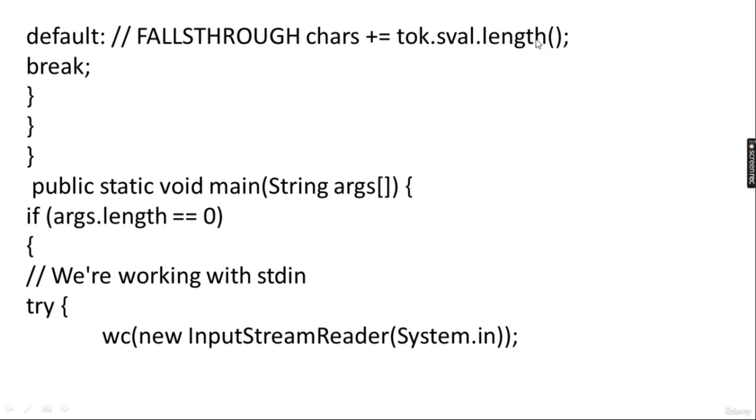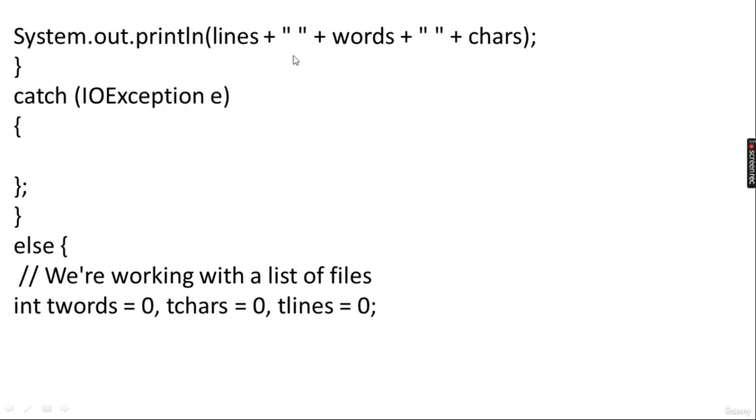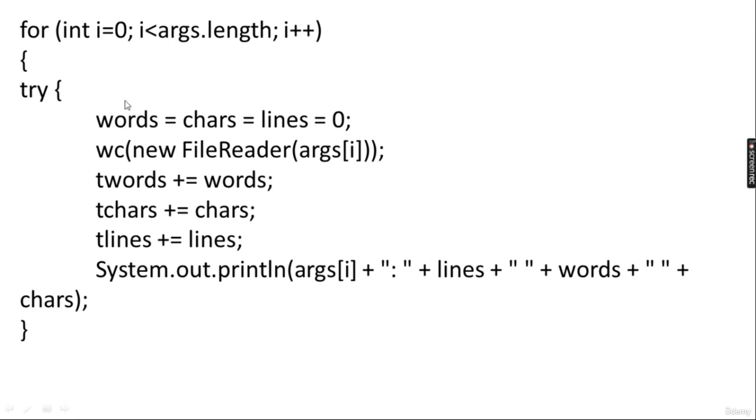Okay. Then in the main method, if args.length is 0, it means there is no file name specified. So wc will pass here the input stream reader for the keyboard and print the lines, words and characters. Else we are working with the list of files. So tWords, tCharacters and tLines are given.